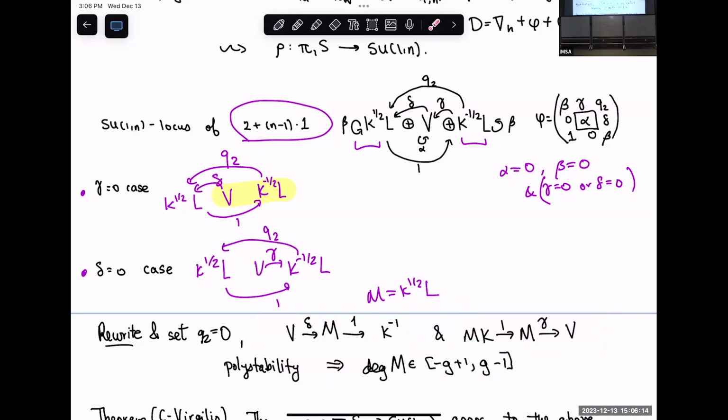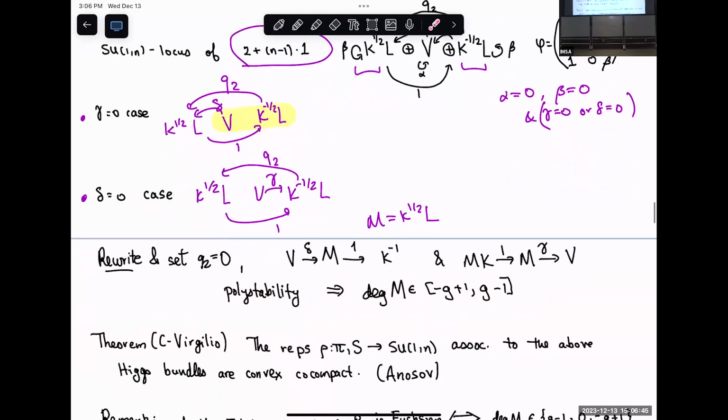Okay, and the Toledo invariant of this SU(1,n) Higgs bundle, up to normalizing it however you want, is the degree of M. So the Toledo invariant doesn't come from the nilpotent. It comes from the fact that the centralizer of this SL2 is GL1, and so that is the data of a line bundle, and it's the degree of that line bundle that is changing the Toledo invariant. Okay, good.